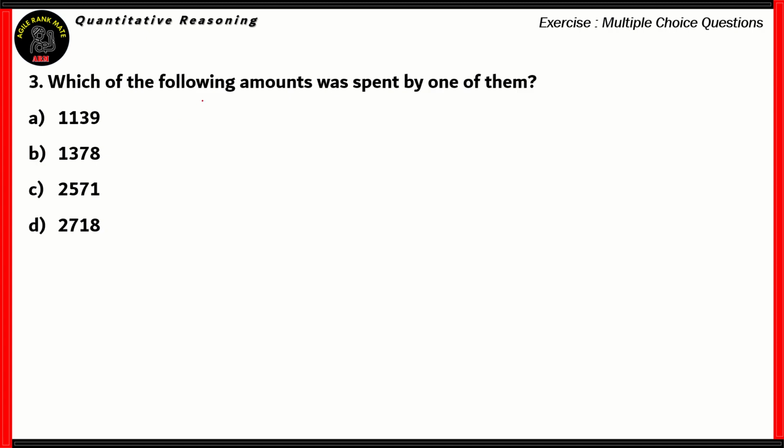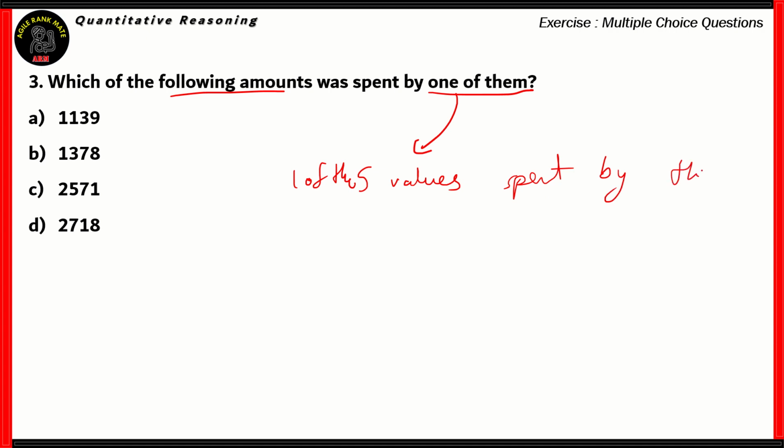And finally, we need to find out which of the following amounts was spent by one of them. Now, what does this mean? This means which of the options contain one of the 5 values spent by the group of women.